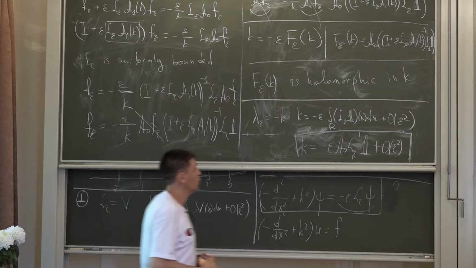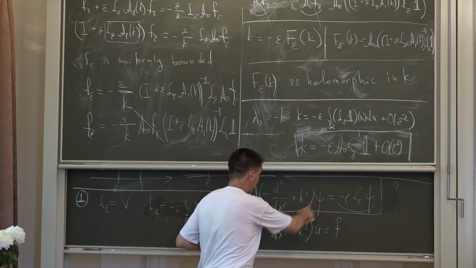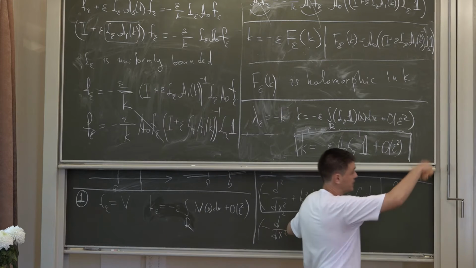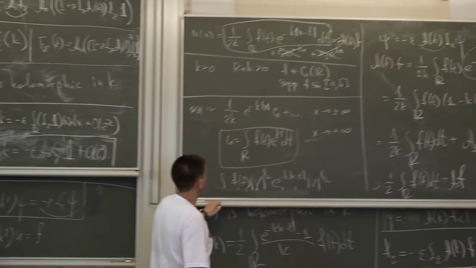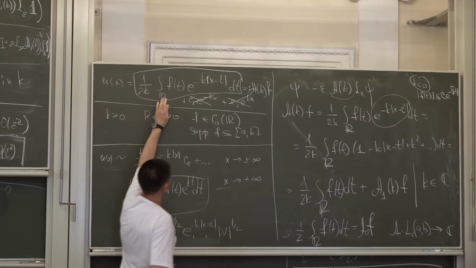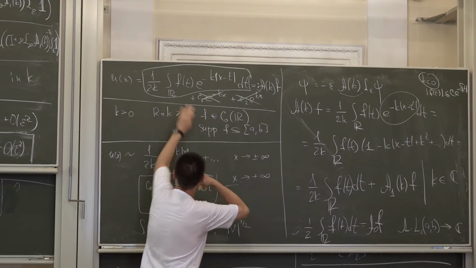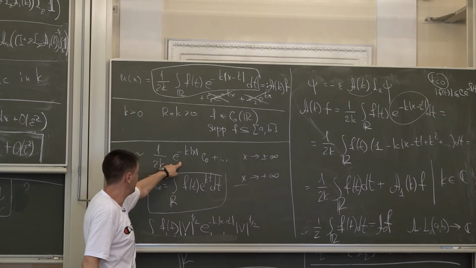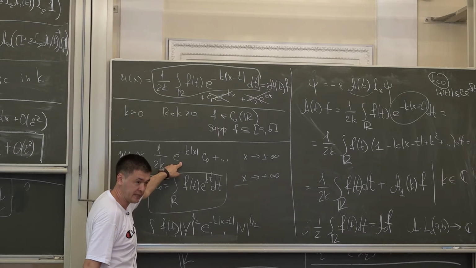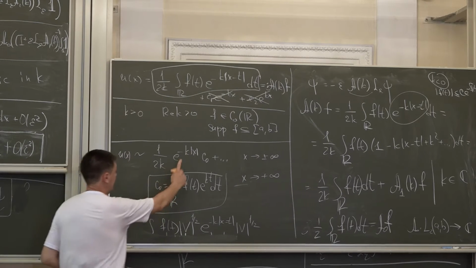Because this psi is the action of the operator A of k. So we should apply this operator to our f epsilon, and then we shall get the corresponding psi, and at infinity this function behaves like this. So my psi behaves like this.